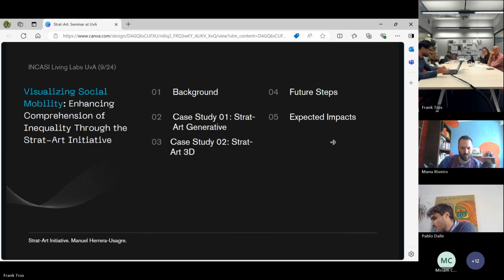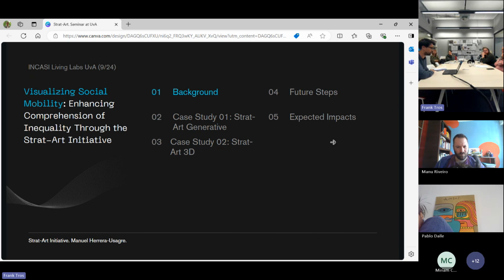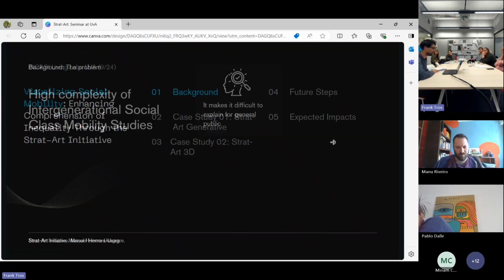So we're going to start with some background about information visualization and data visualization. Then we're going to move to the two case studies that I'm working on with this STRAT-ART initiative. Then briefly some future steps that I'm thinking about and the expected impact of the project. So let's move on with the background.